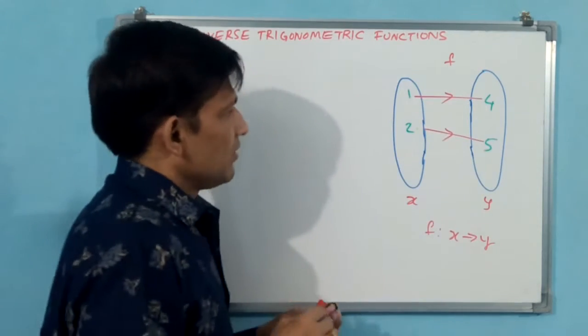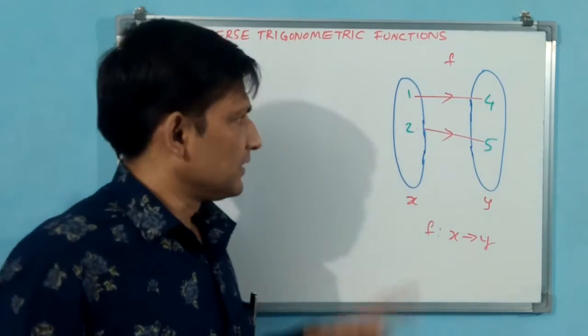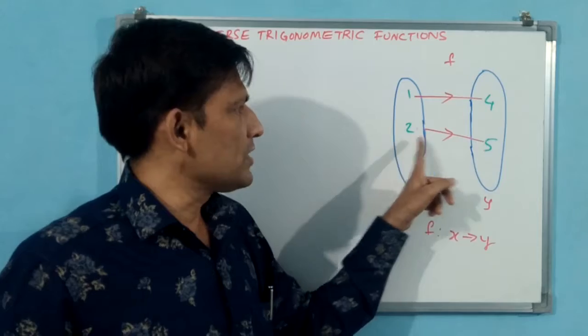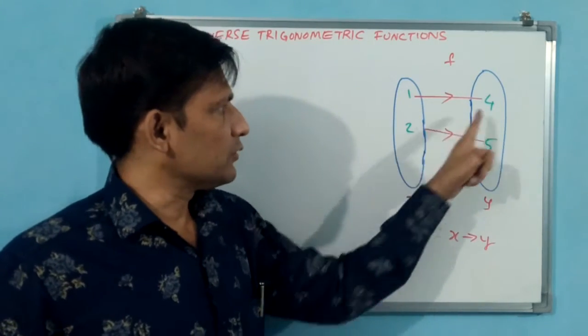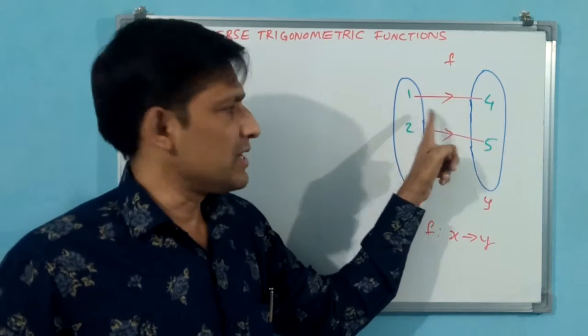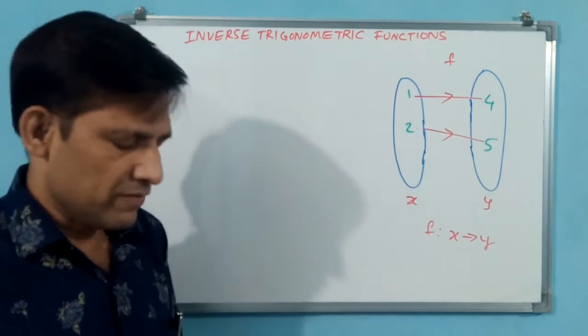Now you tell me, is this one-one? Yes, now this is one-one. Why? Because 1 has only 4, 2 has only 5, and even in reverse, 4 has only 1 as pre-image, 5 has only 2 as pre-image. That is why this is one-one.